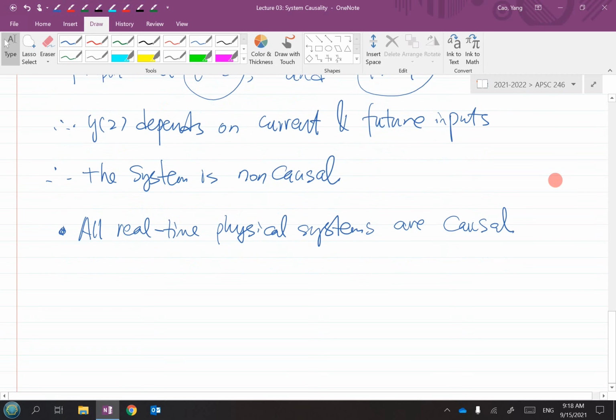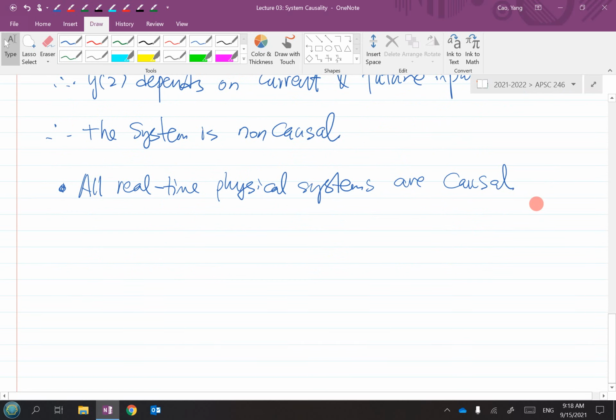You will only see non-causal systems in science fiction. Unfortunately, we can never really predict the future, right? Mathematically, you can certainly construct non-causal systems, but real-time systems are all causal. In other words, time only moves forward, so you cannot grab actual future inputs. You can never know what the future input is.